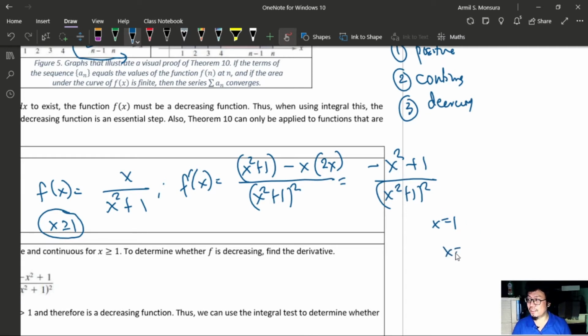But for x equals 2, this is 4 times negative, so that's negative 4 plus 1. That's a negative number. So if you increase x furthermore, you would find that f prime of x is generally negative for x greater than or equal to 2.